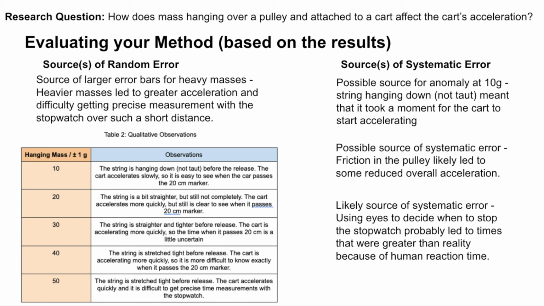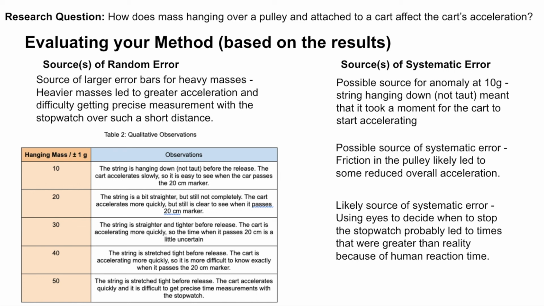So for example, for these large random errors, the evidence is that the error bars were quite big for 40 and 50 grams. The evidence for the error of the string not being taut and affecting the acceleration of the cart is the fact that the data point at 10 grams was anomalous. It was outside of the trend line.